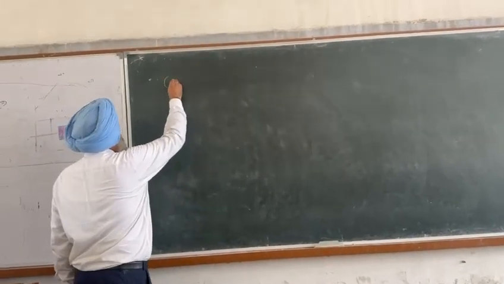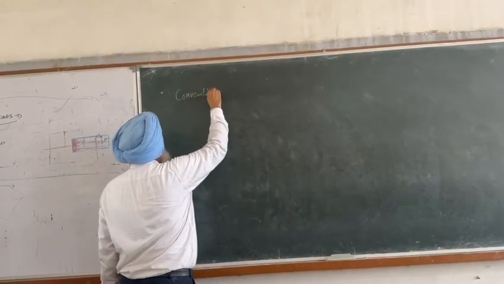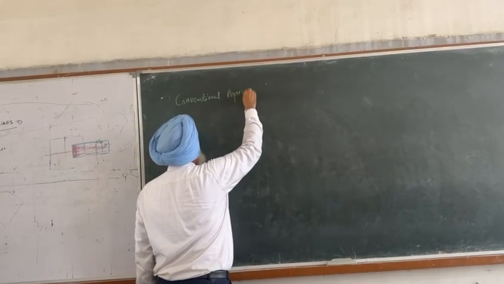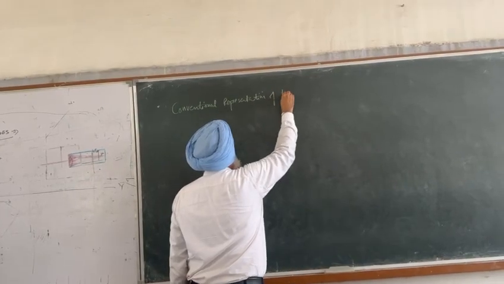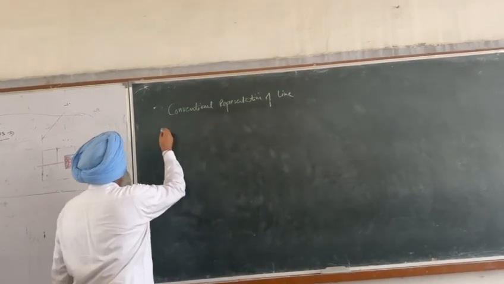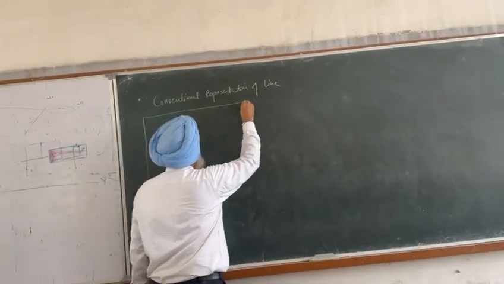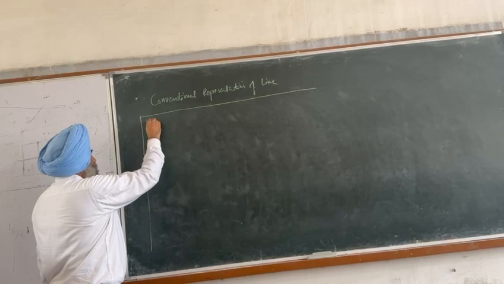This is the conventional representation of line. We'll show it in tabular form. Serial number 1.